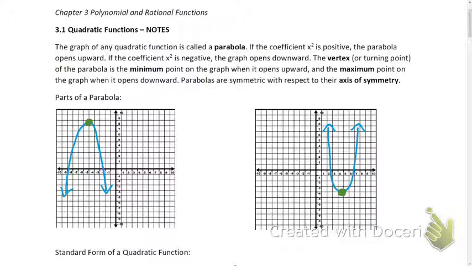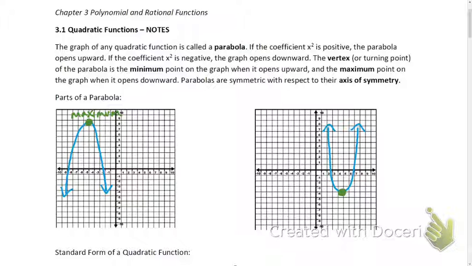So one question, is that a min or a max on the left graph? And I would say it's a maximum. So it will never stop going down. There's no minimum spot because it's going to negative infinity. But it does max out at that spot.